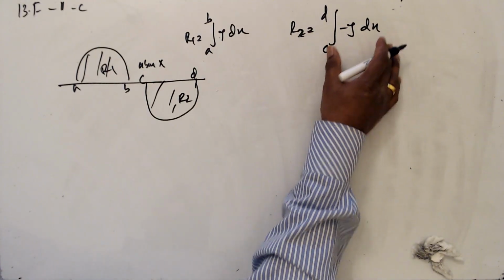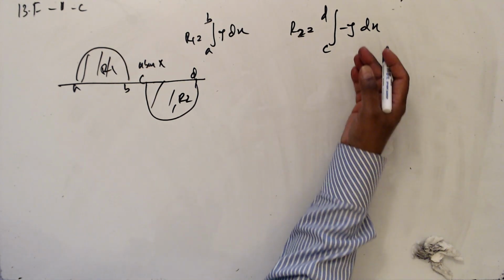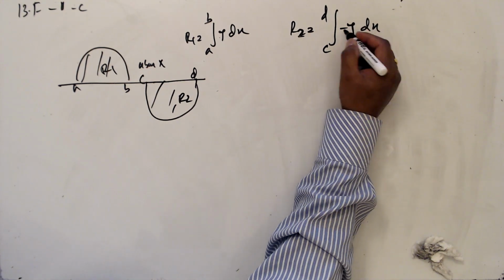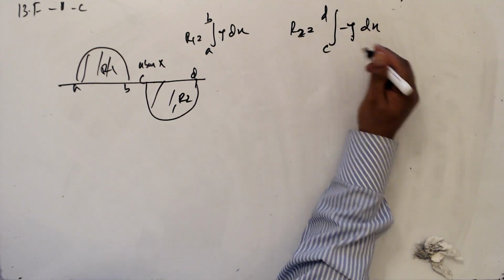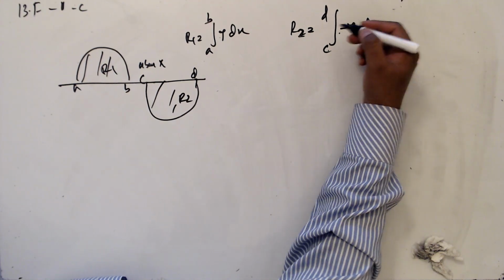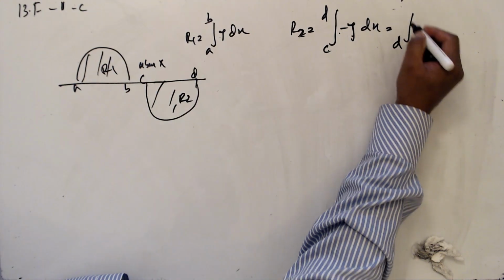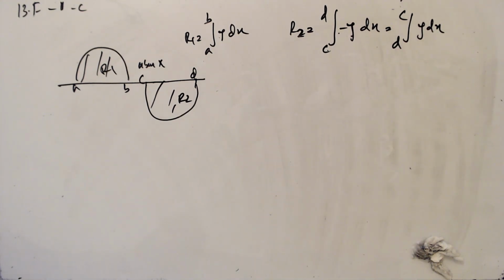Now you can work it out simply like this, or the small technique to get rid of this minus y is switching the limits. Instead of C to D, when you take this minus out, it becomes D to C of y dx. That's all I discussed, basically the summary.